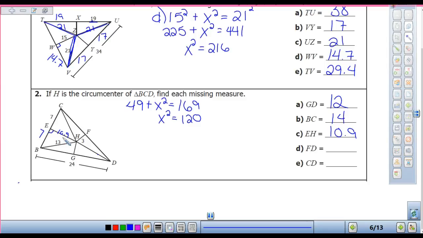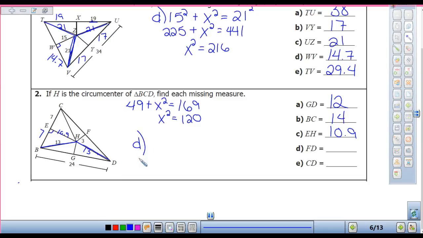FD. How do you do that? Well, if I know EH, do I know HD? What's HD? 13. So now I have to do the Pythagorean theorem.